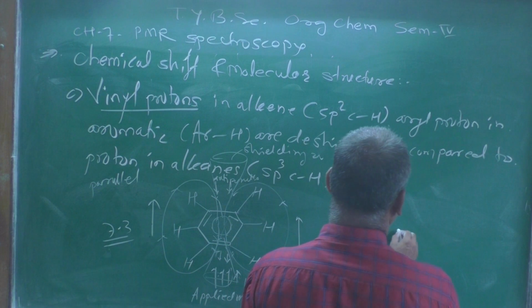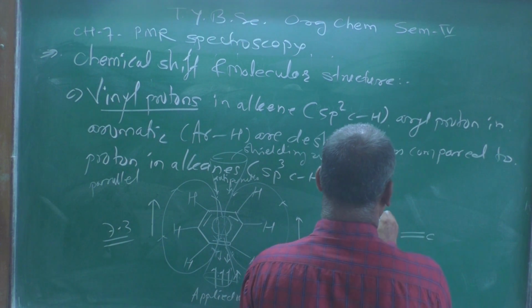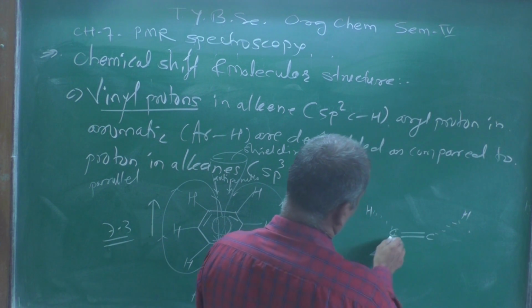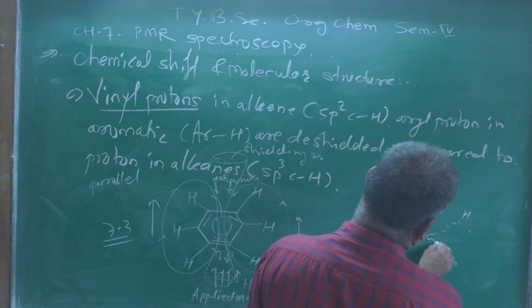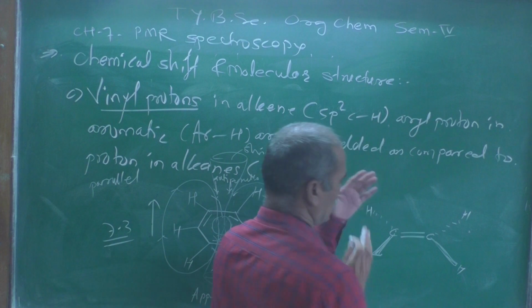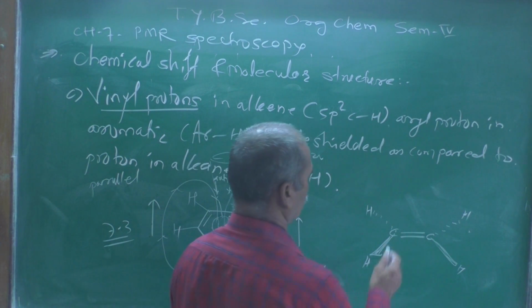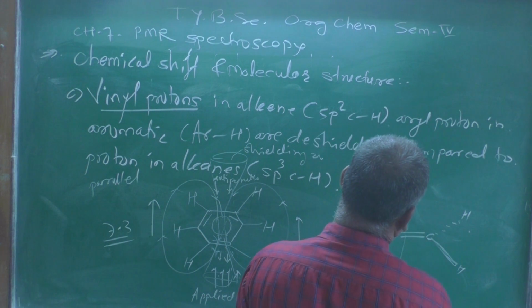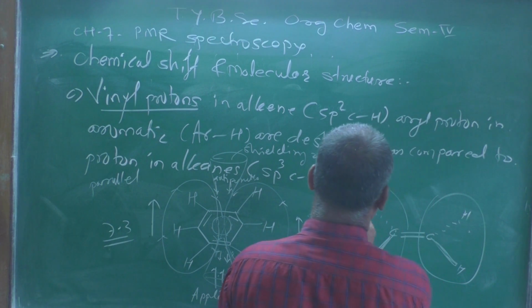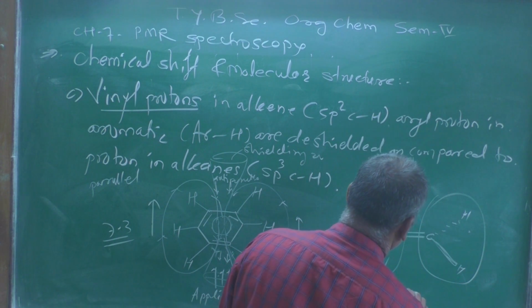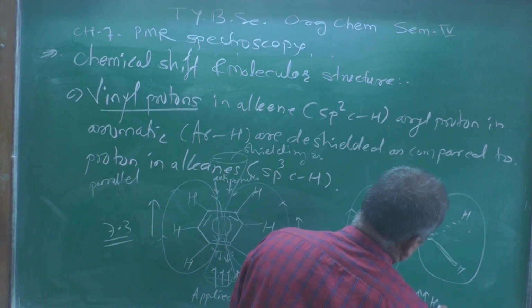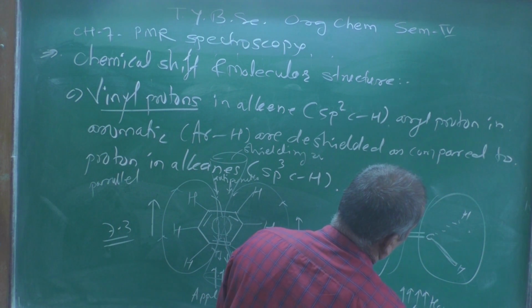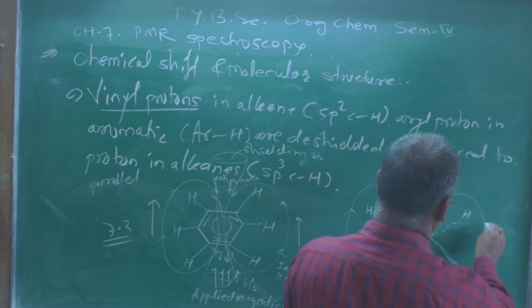The same case applies here, as we know that this is an olefinic proton. Now if you put a plane through the middle, it is a planar molecule, and here also this type of zone is created like this. The applied magnetic field is always represented by H0, and this is the induced magnetic field.